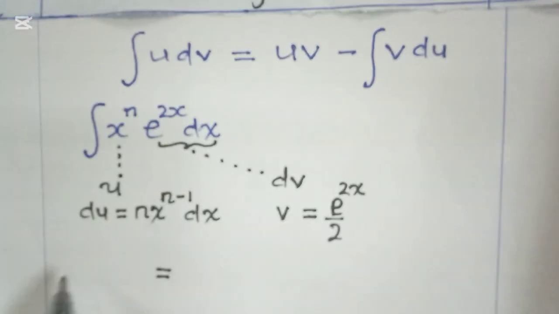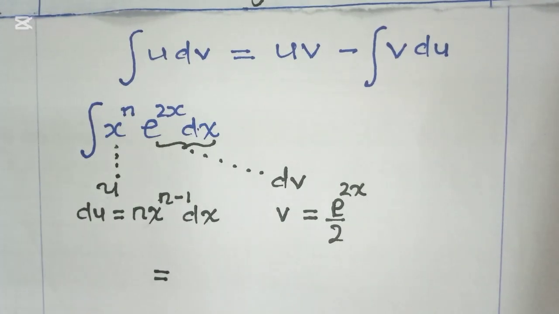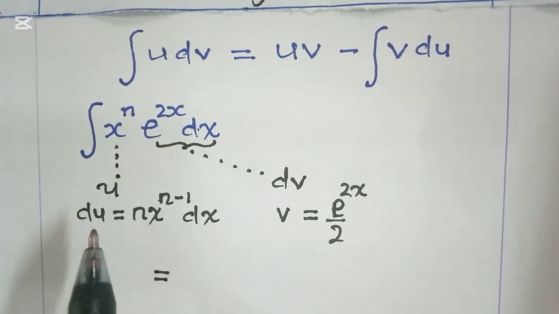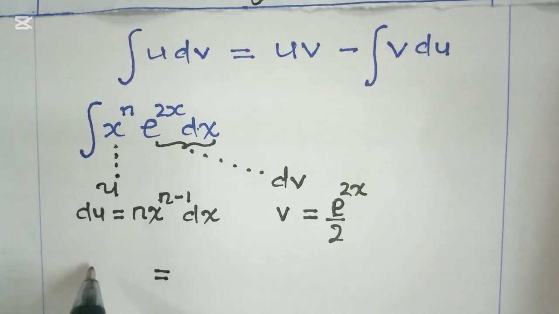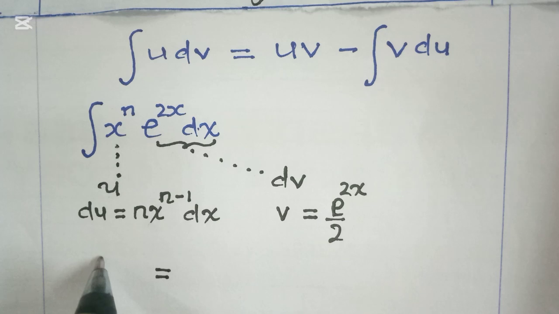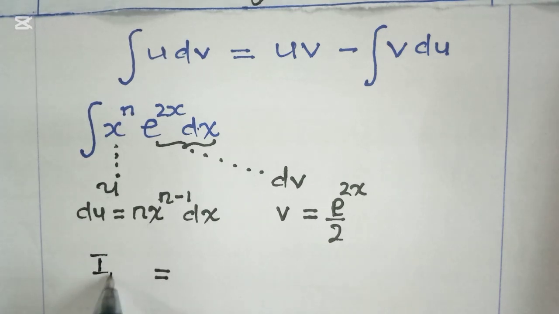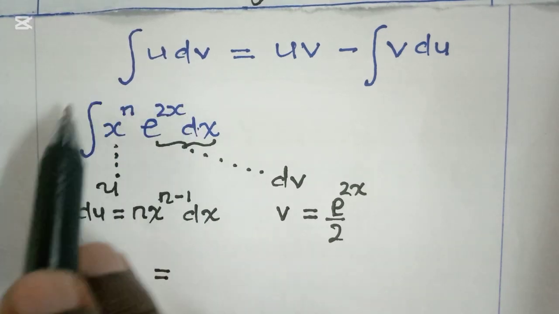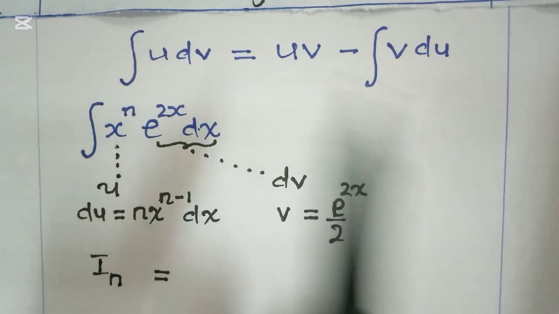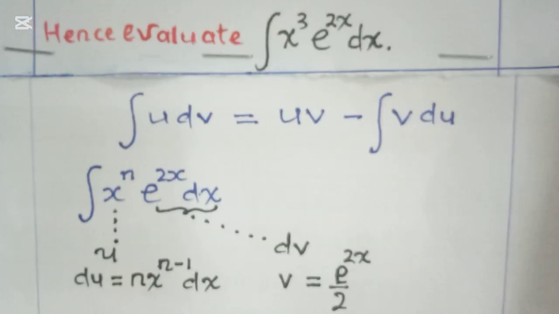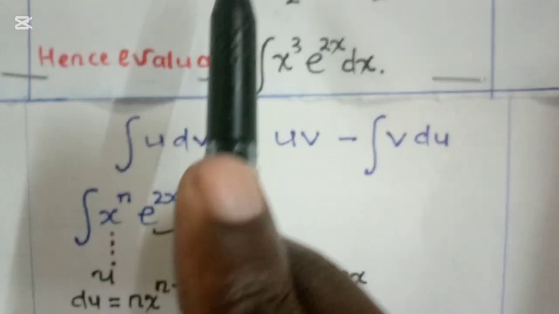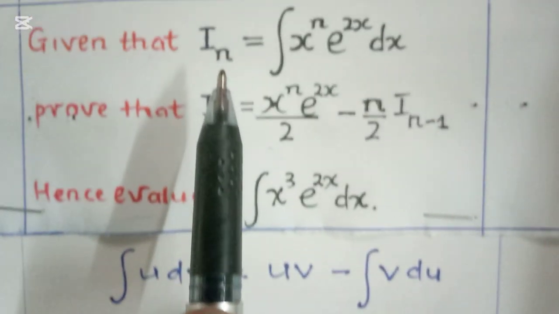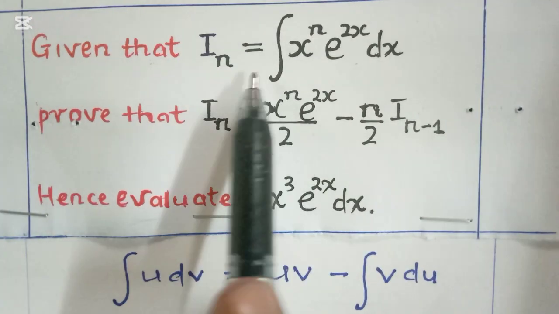So maybe I can even write it in terms of I_n, because this is our I_n. This is the same as the I_n that we have at this point.